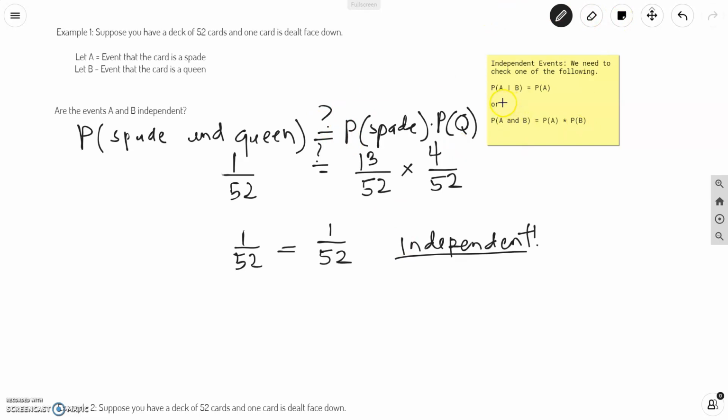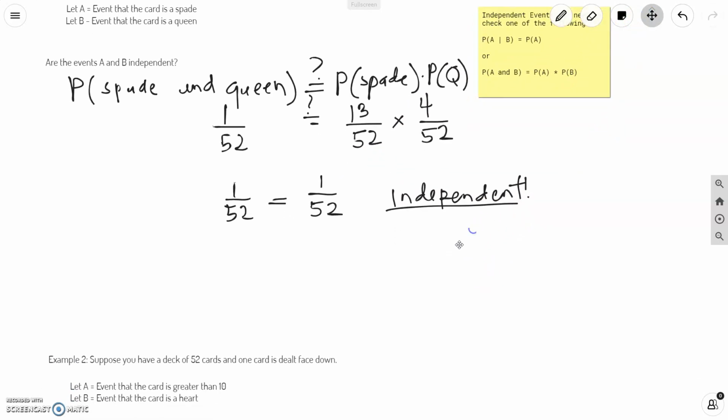In the next example, instead of using the second method to check, we're going to use the first method to check. Both methods are going to arrive at the same conclusion, even though if you check both ways, they might give you different numbers in the end, but the conclusion should remain the same.